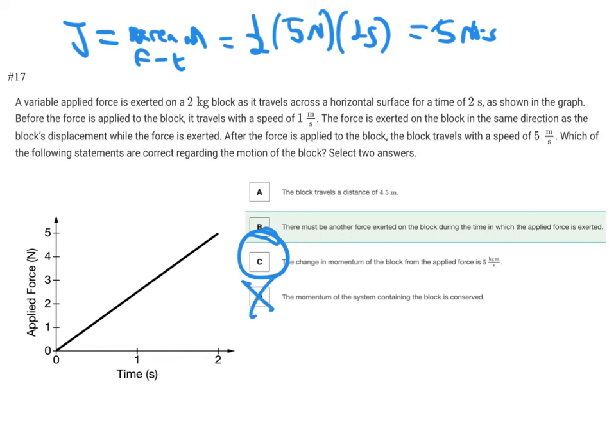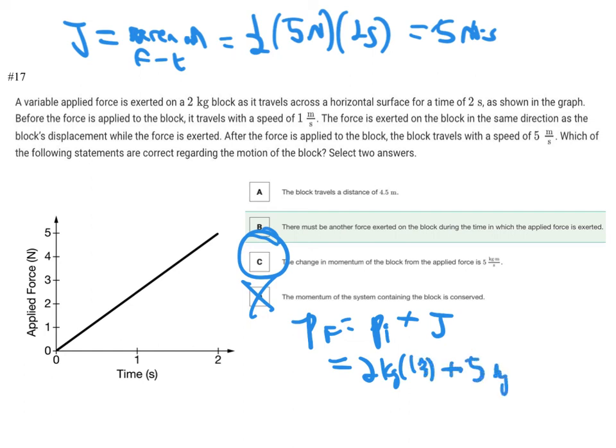So we just need to verify B, that there's another force exerted on the block during the time which the applied force is exerted. How would we check that? Well, if there weren't, then it should be that P final is P initial plus J. So we would get 2 kilograms times 1 meter per second plus the 5 kilogram meters per second, which would be 7 kilogram meters per second.